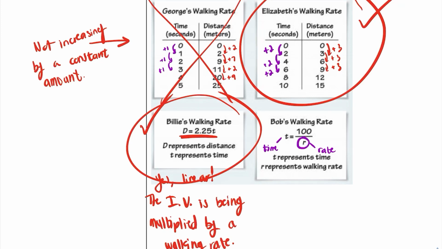But take a look at the rate here in Bob's walking rate. We're given a variable here. A variable is an unknown value. What's even more scary is that value can change, and therefore it is not constant. So because R is given to us as a variable, it's not given to us as a number, we have to assume that it could be really any number and it could change. So we will say that Bob's walking rate is not linear.